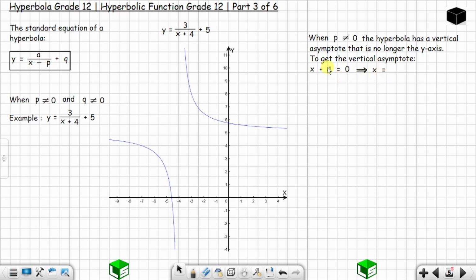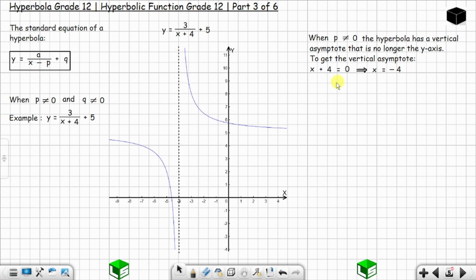X is equal to, you take this to the right, you have -4. You can see at -4, you have this vertical asymptote at x is equal to -4. So the equation of this vertical asymptote is x is equal to -4. This is how you can get the vertical asymptote. Take whatever you have in the denominator there, equate it to 0 and solve for x. As simple as that. Do not try to memorize this.